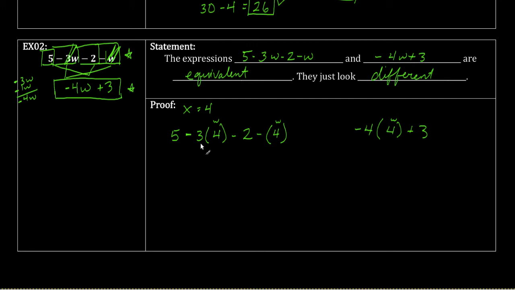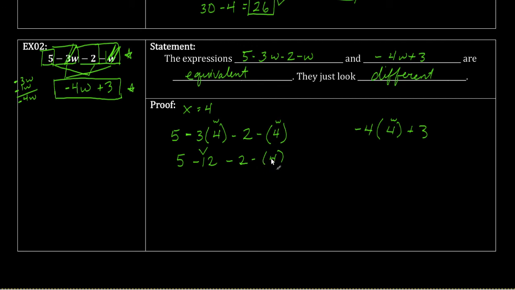So, order of operations. Let's multiply here first. So minus 3 times 4. Negative times a positive is a negative 12. And right here, you can think about it 2 ways.